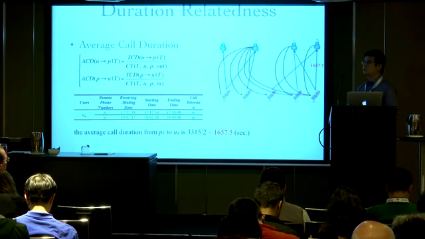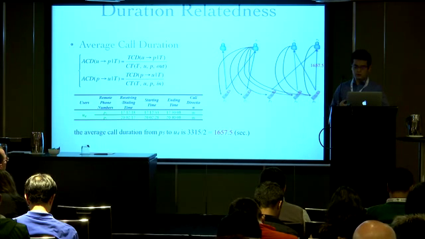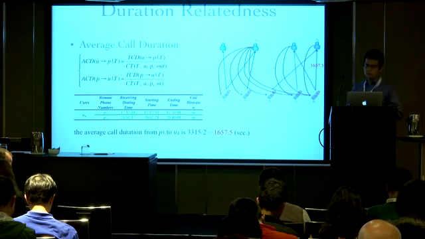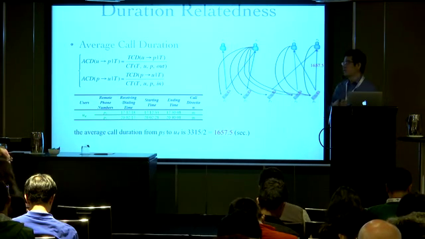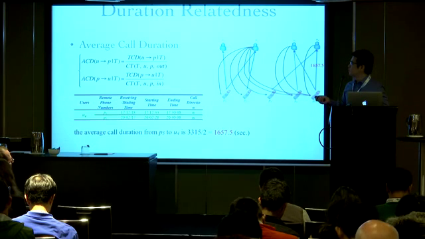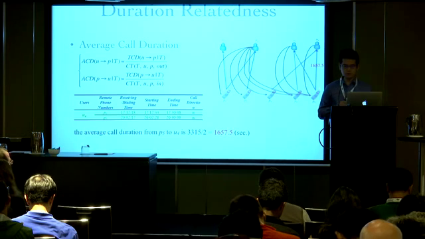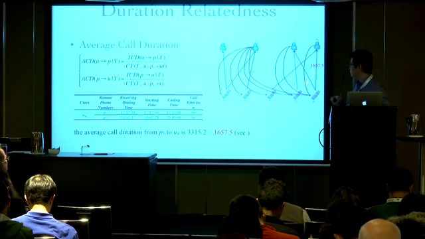But this kind of manner will be affected by the call frequency. So we propose another weighting function, the average call duration. We just divide the total call duration by the call frequency.